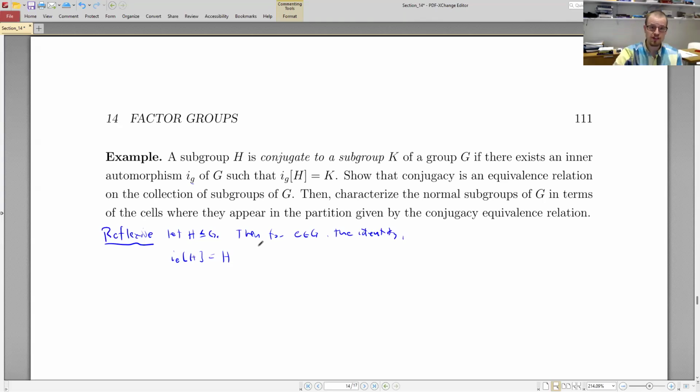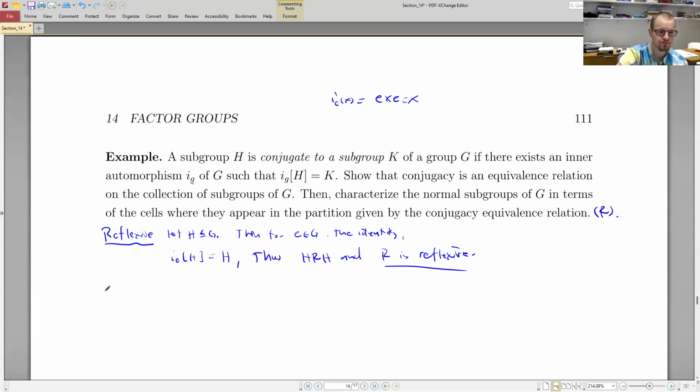Because this is just giving us exactly the input back, since EXE inverse is just X. So we have an inner automorphism from H to H. Thus, H is related to H. And that is the idea of conjugacy is reflexive. The conjugacy equivalence relation I am denoting by R in this case.